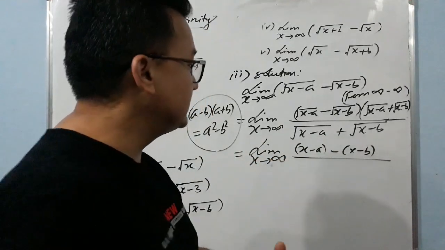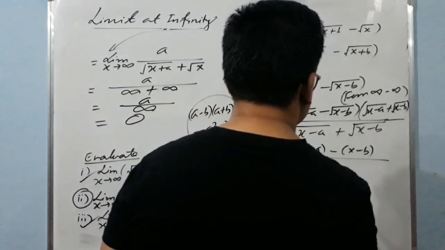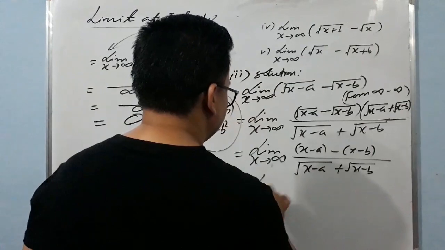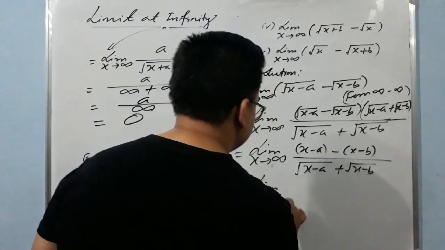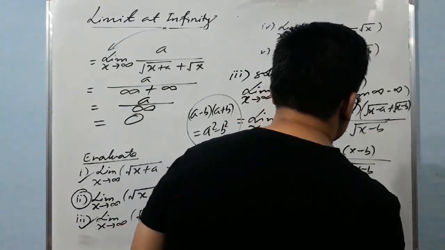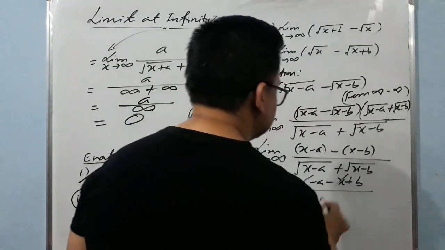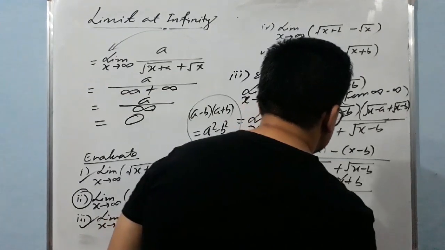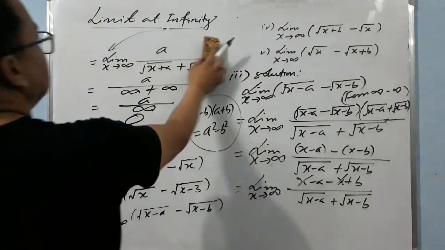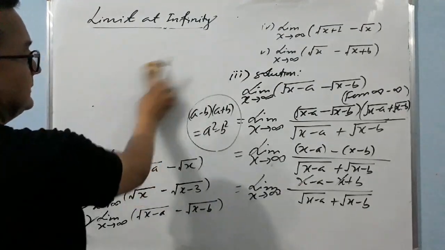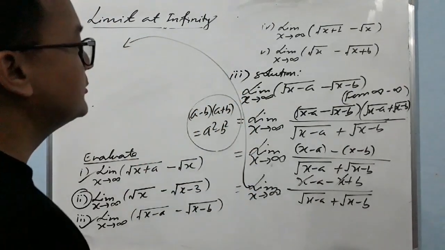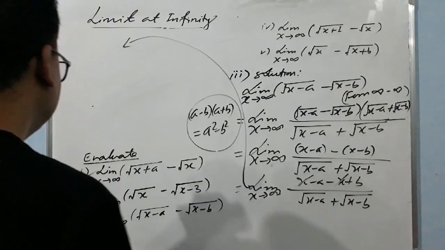As I told you in the first question, in root x minus a plus root x minus b, limit as x tends to infinity of x minus a minus x plus b, cancel, upon root x minus a plus root x minus b. Okay, I'm going to erase this. Again I'm making an arrow. I don't have such a big whiteboard.